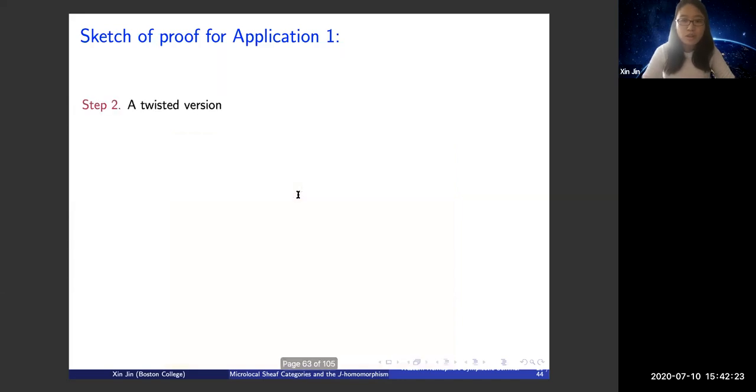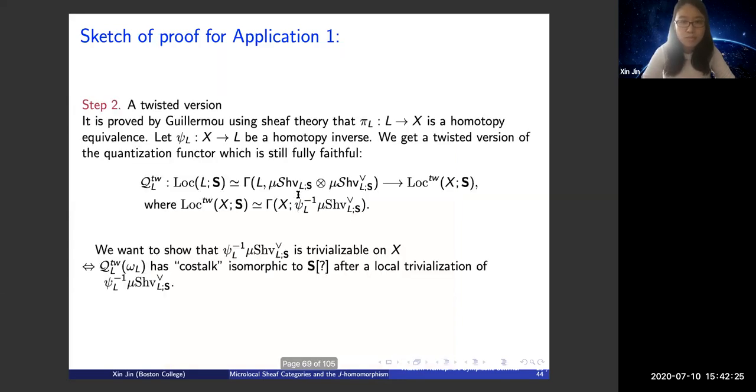So it's a perfect S module, so compactness is no problem. So the question is, what's the isomorphism? Any questions?